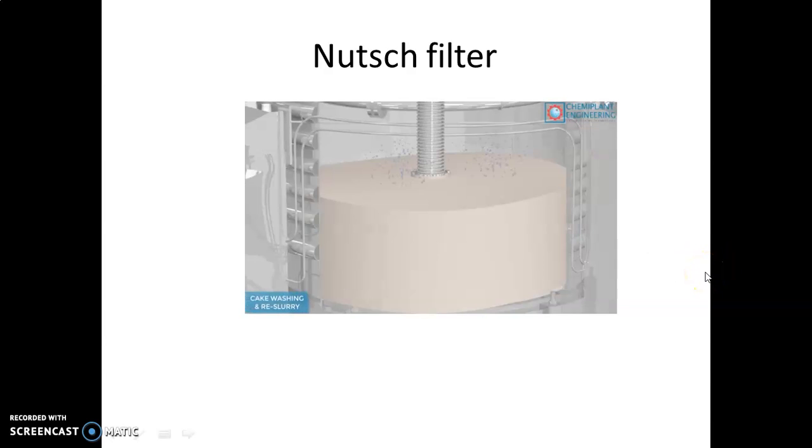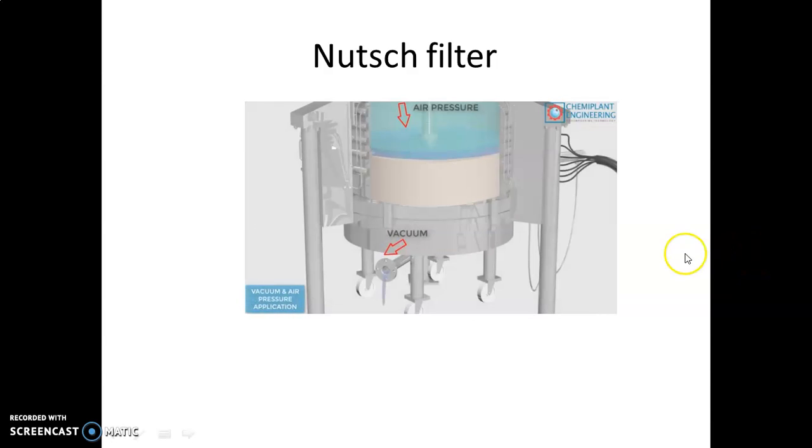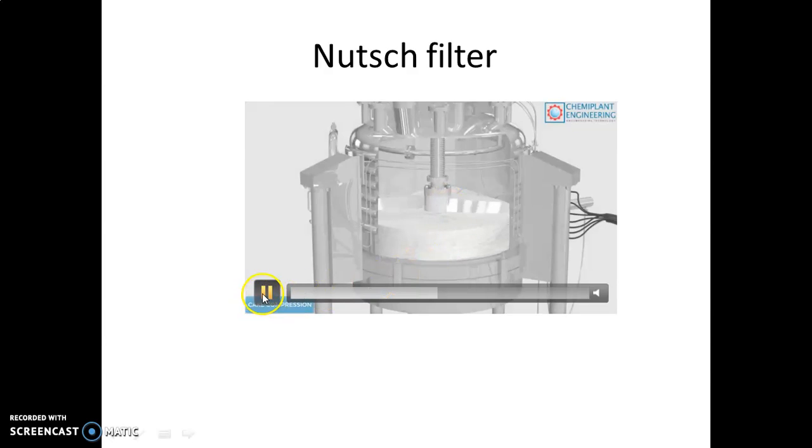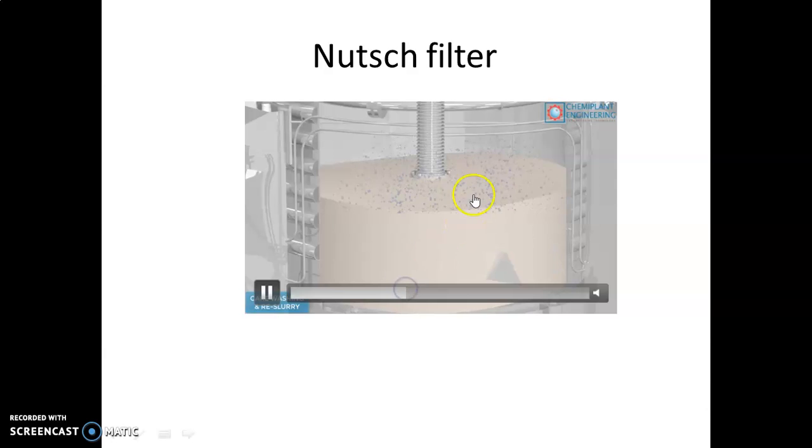After that we can wash the cake. So here we have to apply the vacuum and air pressure, by means of which the cake is compressed and the filtrate is taken out from here. In this way the nutsche filter works.